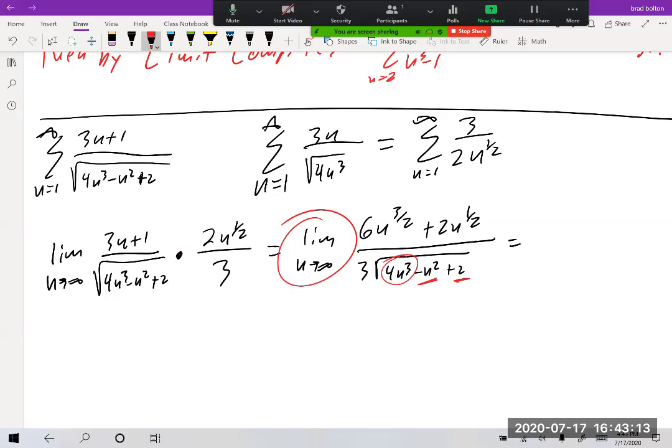So what I'm going to do is divide the numerator and the denominator by the highest power in the denominator. The highest power in the denominator is n to the 3/2, so I'm going to divide each term by n to the 3/2.